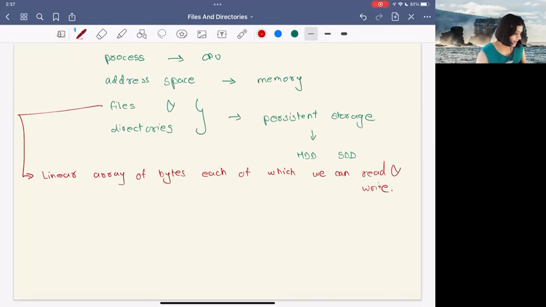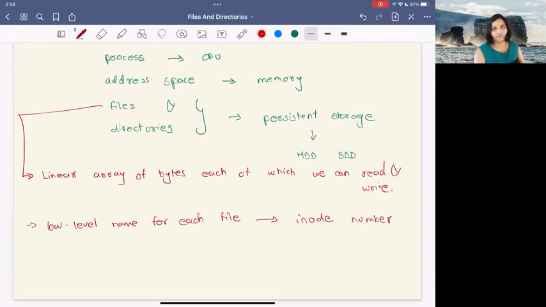Normally in storage systems language, this unique low level name that the operating system gives to each file that we have on the system is called inode or inode number.